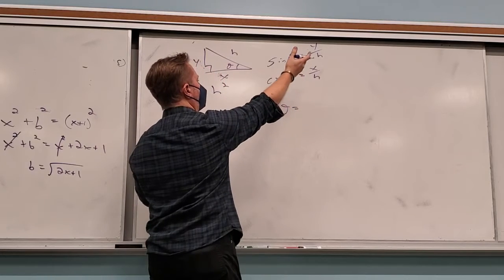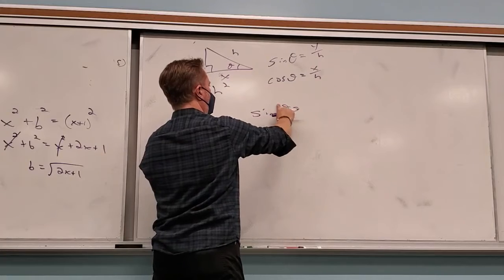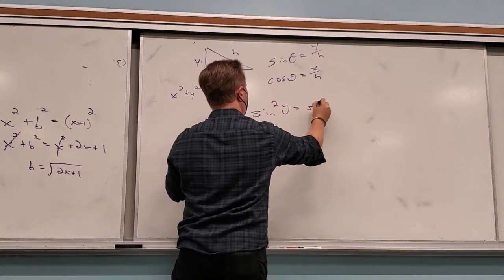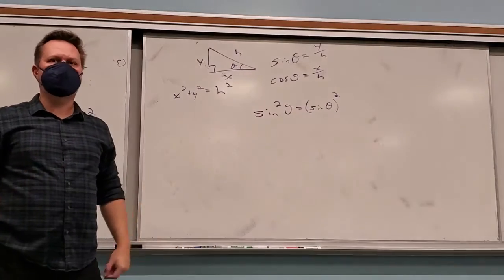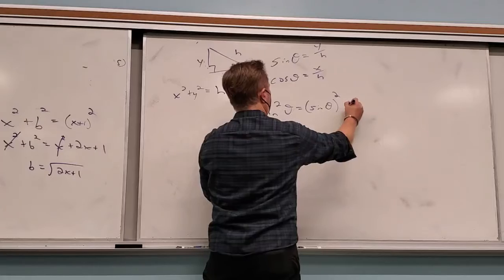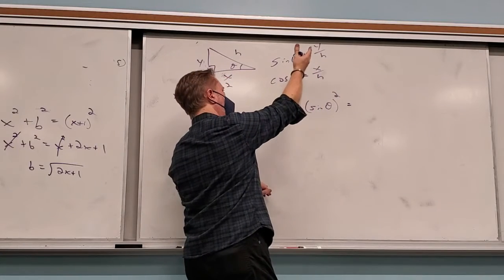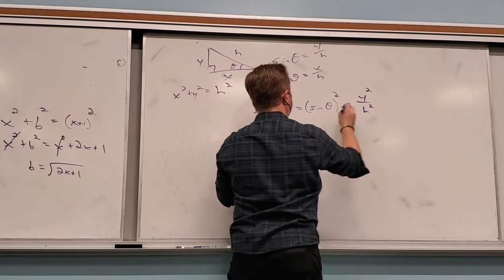And this is how we write it, by the way. This means the same thing as this. It's just quicker to write. I don't have to put parentheses. So you're going to see me write this a lot. What is sine squared? Y squared over h squared. What's cosine squared?